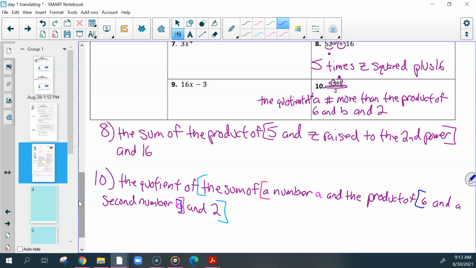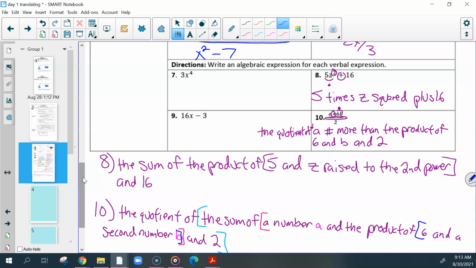So the quotient of is, I'm dividing all of this into. The sum of, I'm adding this and this second part. And then the product of, I'm multiplying 6 and that B. So just keep in mind, if you're using those words, sometimes too many of them get kind of mixed up, and then you have to remember all your ands and what's doing what, so just be careful with those.